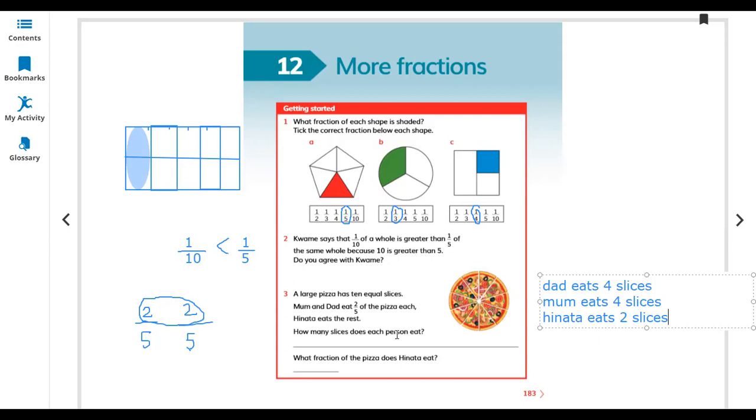So how many slices does each person eat? You can say this is the answer for this. What fraction of the pizza does Hinata eat? So you can say 2 by 10 or 1 by 5. Both correct.